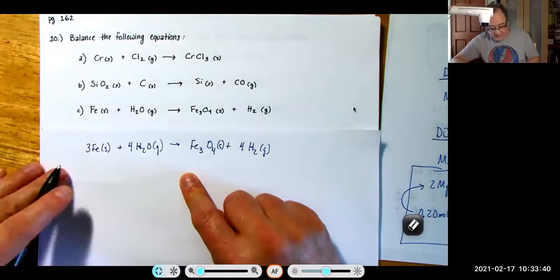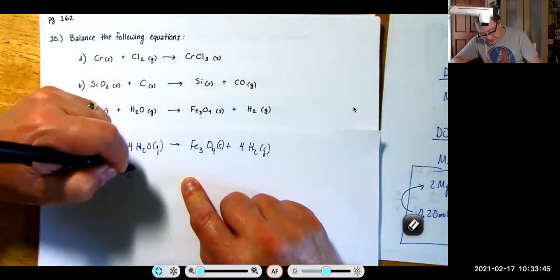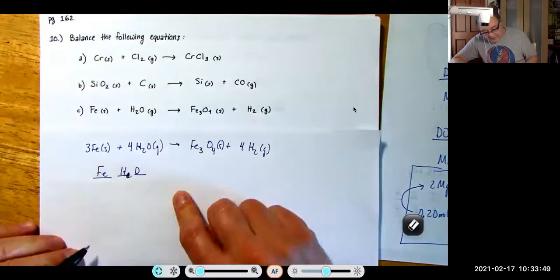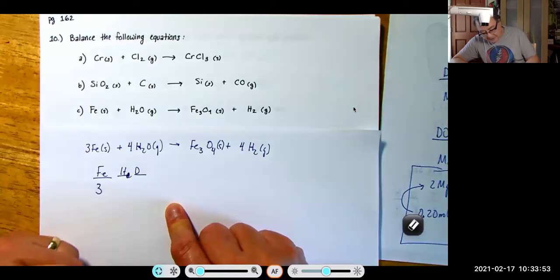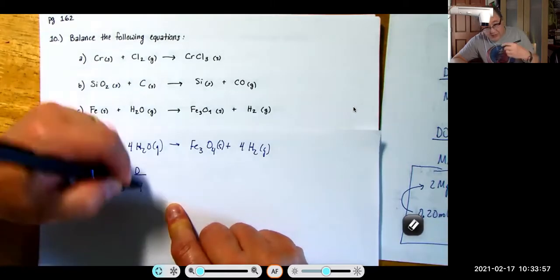And there you go. And we can double check this, right? How many ions on the left? 3. How many hydrogens? 8. How many oxygens? 4. Now this is a don't.